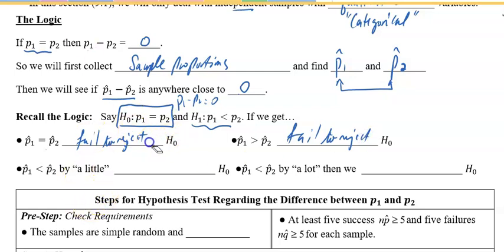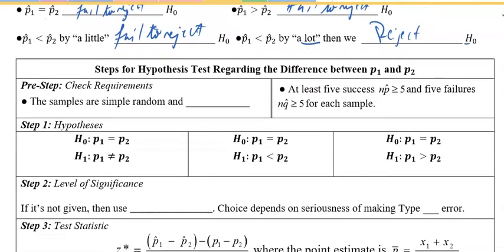If P1 is less than P2 by a little, we fail to reject, just like we did with the last section. And if they're off by a lot, we reject the null hypothesis. Well, what's a lot? They'll tell you 5%, 1%, 2%. It depends on the problem. So this is the analogy.